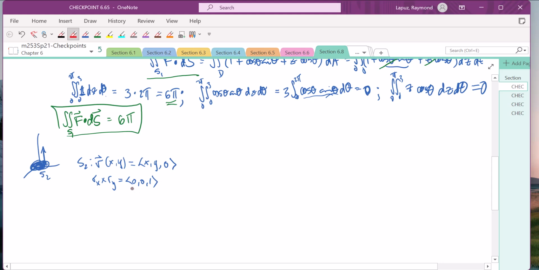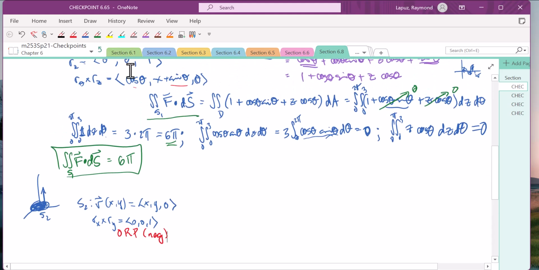So we have an opposite parameterization. I call it an orientation reversing parameterization, or you can just make a note for yourself that you want to throw a negative sign. You can throw a negative sign now, or you can throw a negative sign when you do the flux integral. All right, so let's do the flux integral, or we have to put this into the function first.